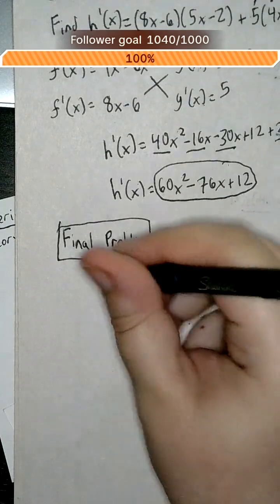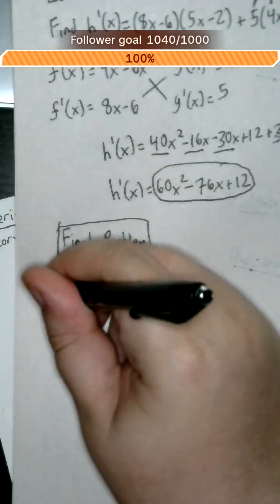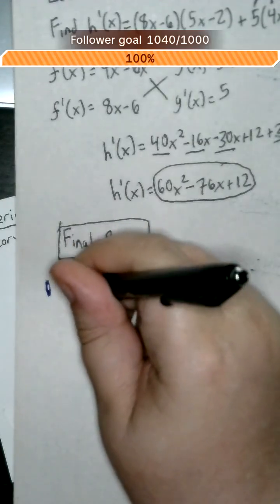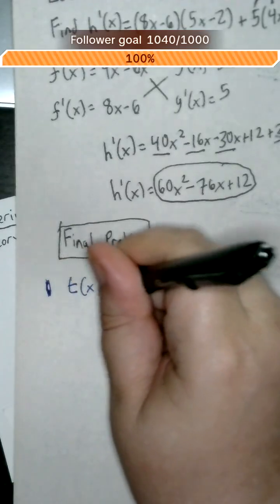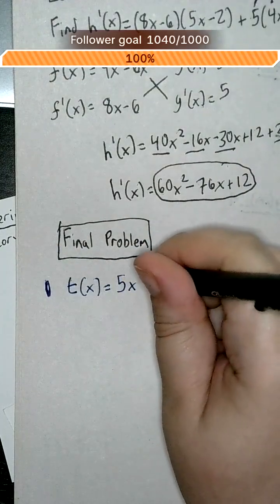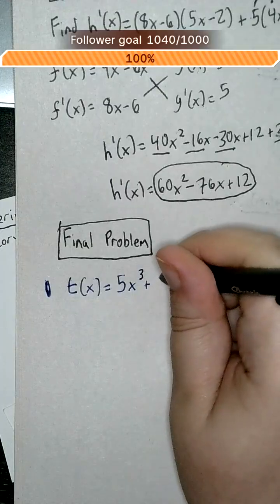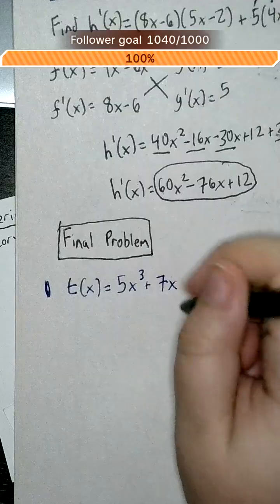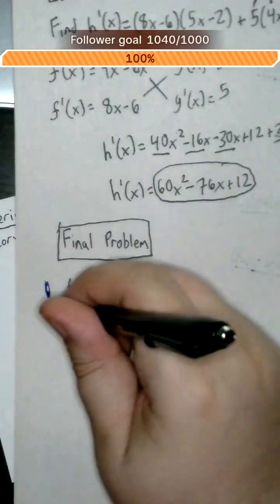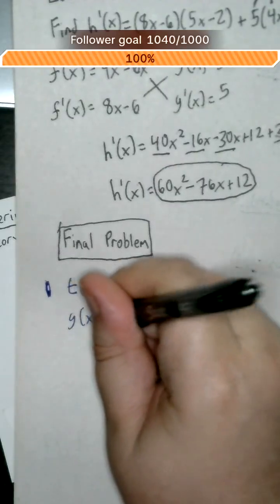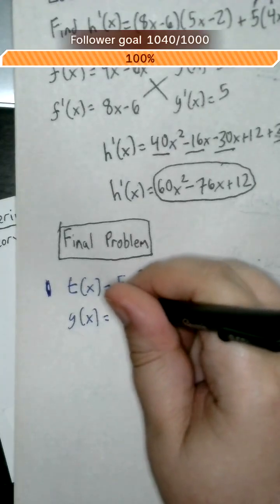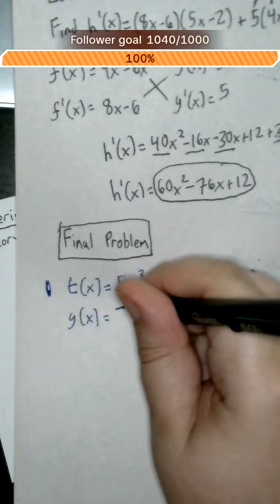So t of x is equal to 5x cubed plus 7x, and g of x is equal to, let's go with negative 3x.